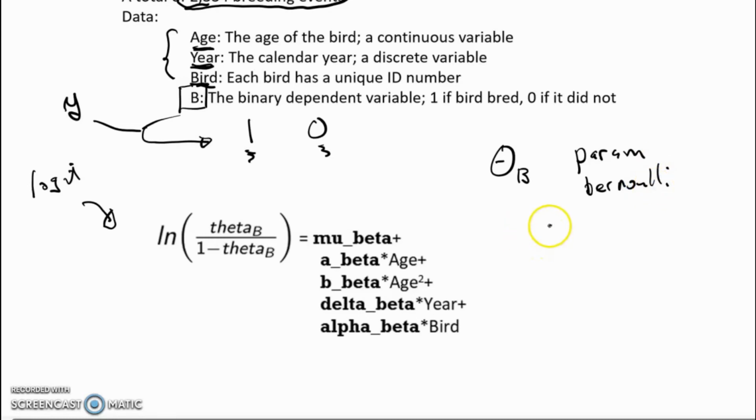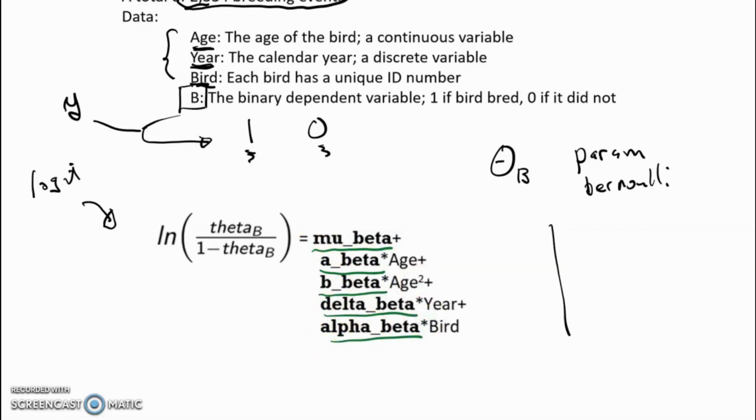And so here's the model. In one font we have the coefficients, and in another font, we have the variables in our data frame.